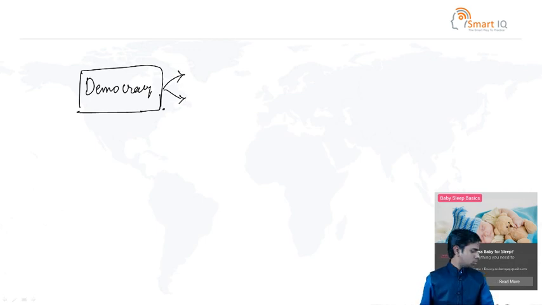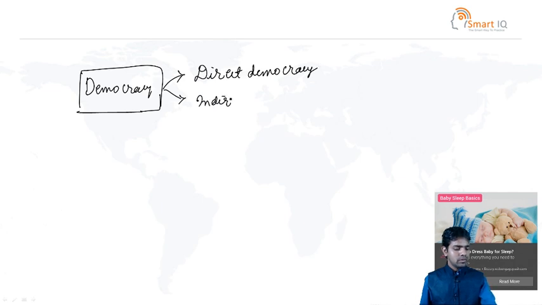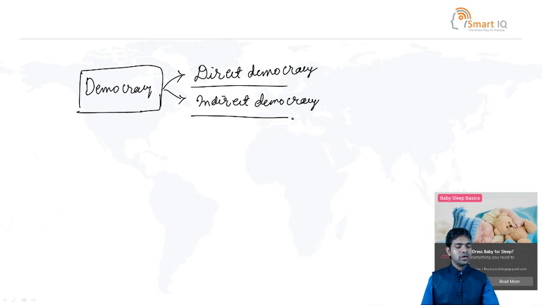That is, two types of democracy are there in the world: direct democracy and indirect democracy. Most democratic countries in the world follow direct democracy or indirect democracy.